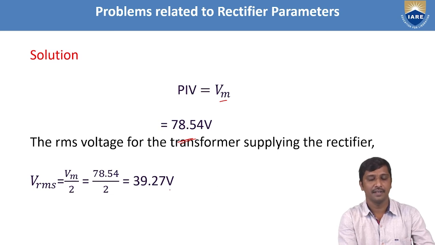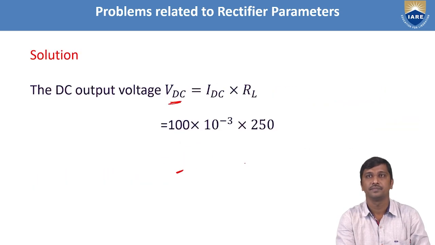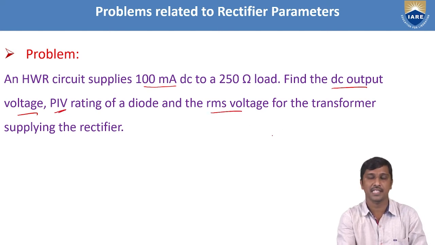Now we need to calculate the RMS voltage of the transformer. In the problem, one is the DC output voltage, which we observed. Another is the peak inverse voltage. Now they ask for the RMS voltage of the transformer.